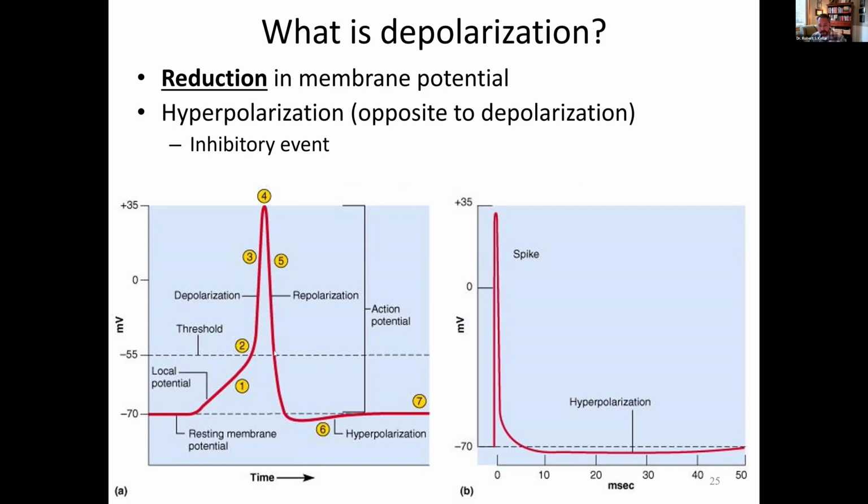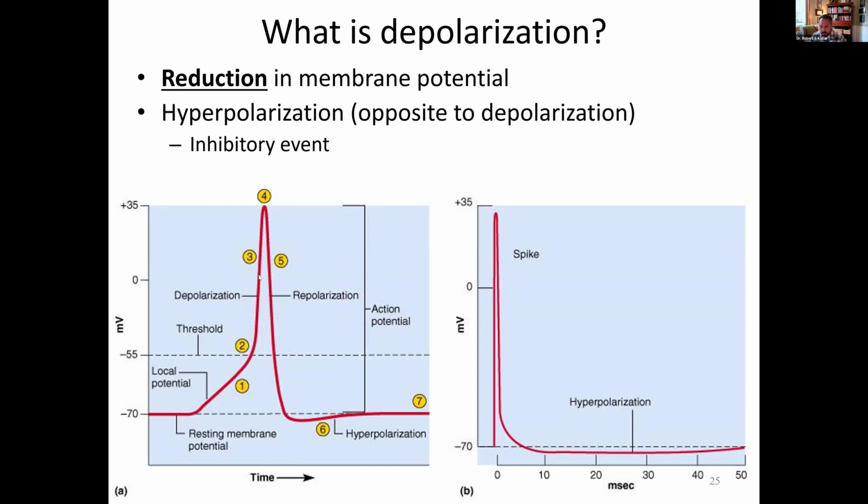Stage 5, you cross the threshold spot, you go below and overshoot the minus 70 resting membrane potential. That's stage 6, and we call this hyperpolarization because hyper means too much. And then the sodium-potassium pumps help to reestablish that resting membrane potential and maintain it. And that's stage 7.